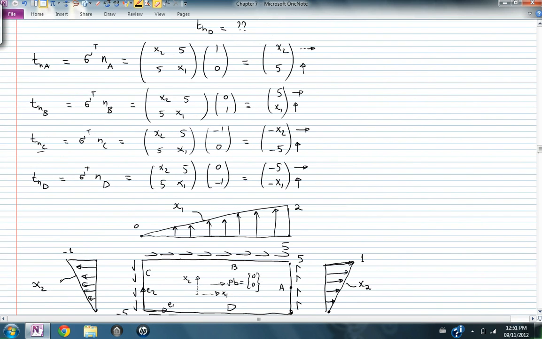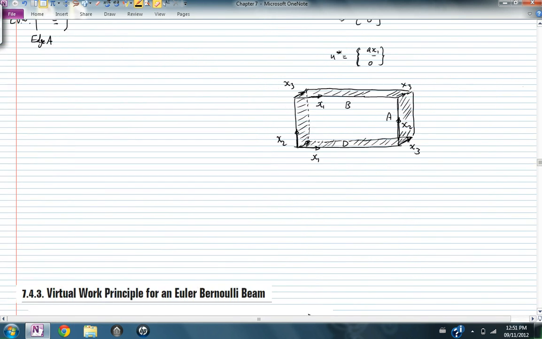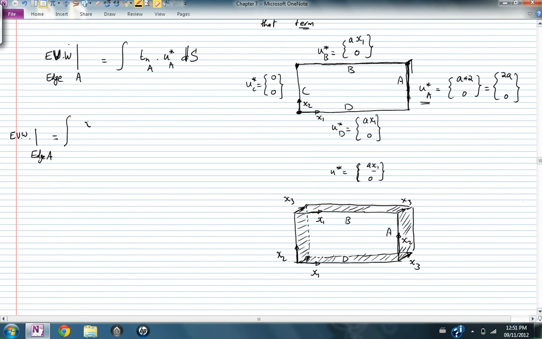x2, 5. Dot u star A, which is equal to 2a, 0, integrated over dx2, dx3. This is edge A. Edge A has dx2 and dx3. x2 varies from 0 to 1, x3 varies from 0 to t.